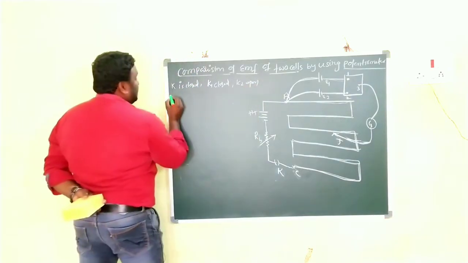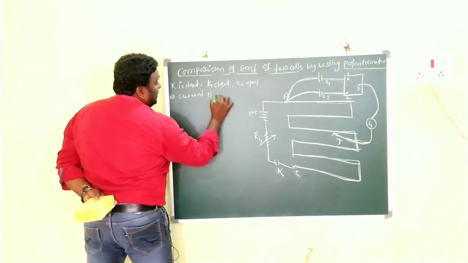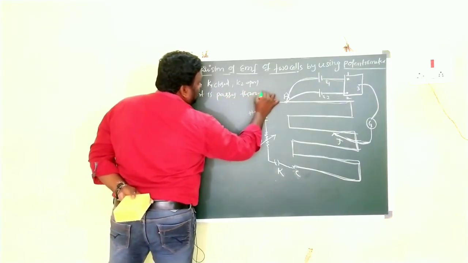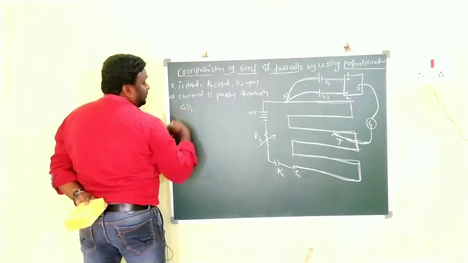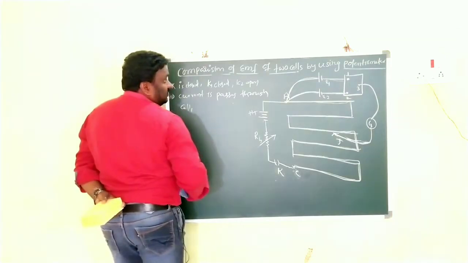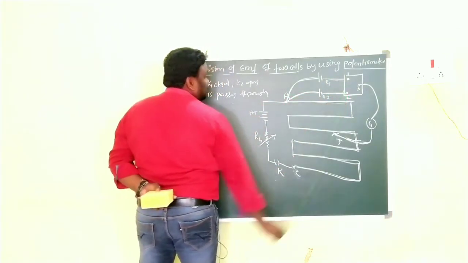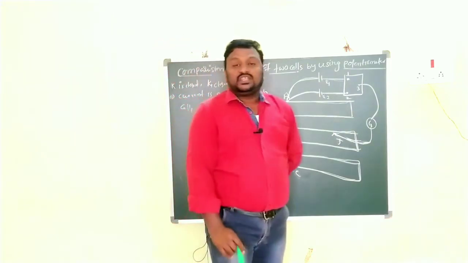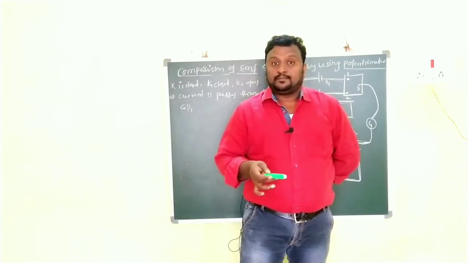Then, children, the current passes through cell 1 or the first cell. So clear? K is closed and K1 is closed, and K2 is open. Now when K2 is open, the current passes through the first cell.